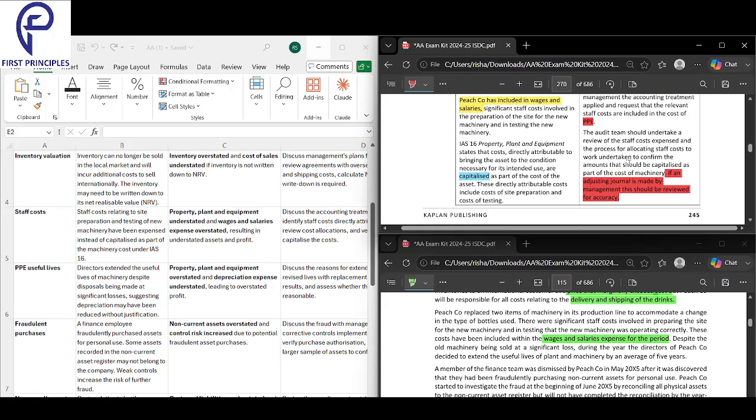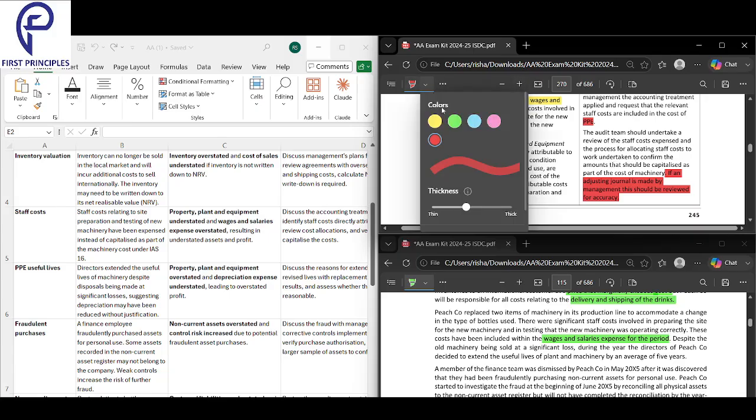The audit team should undertake a review of the staff cost expensed and the process of allocating the cost to the work undertaken, to confirm the amount that should be capitalized as part of the machinery. So first of all, you have to ensure that the correct amount has been capitalized.